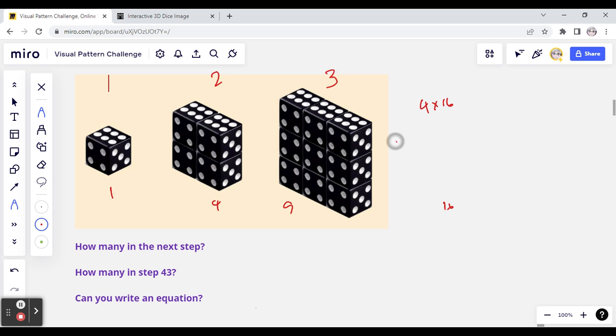Now let's think about what's on the other side of that. Opposite of the 4s are the 3s, and you're going to have just as many of those, so we'd also have 3 times 16. And let's add as we go along. So 4 times 16 is 64, and 3 times 16 is 48. Okay, so that's 112 so far.